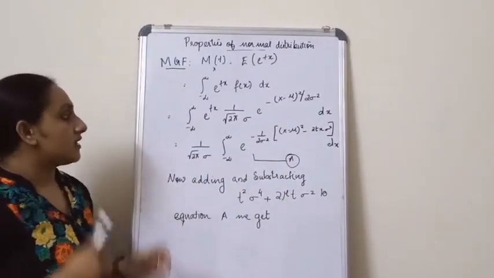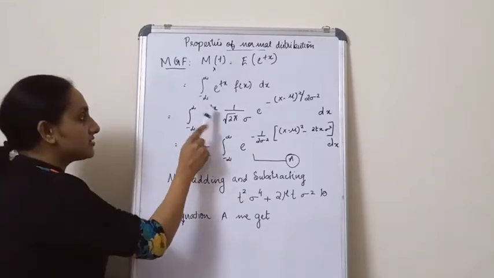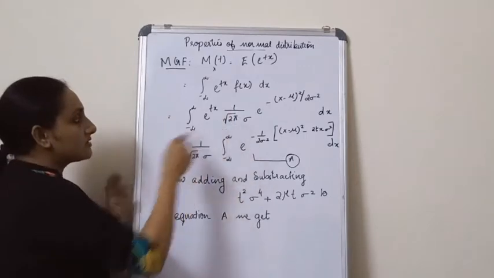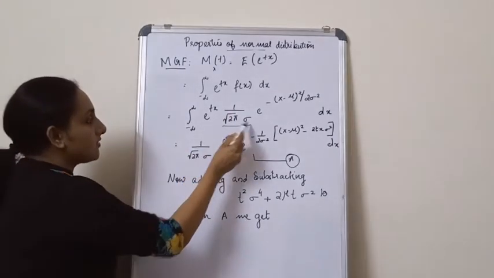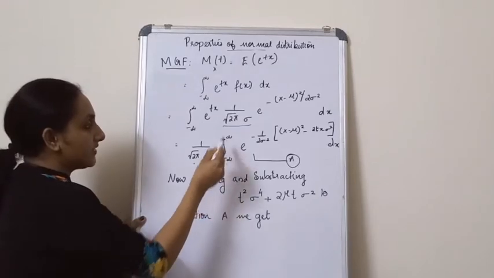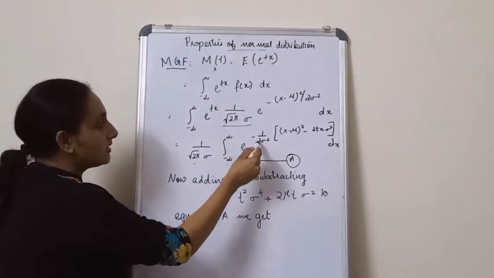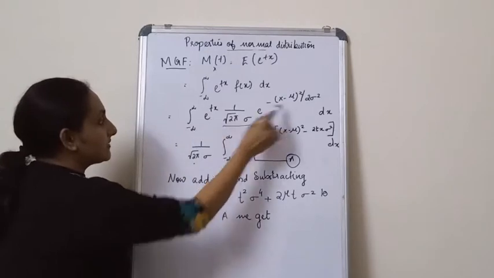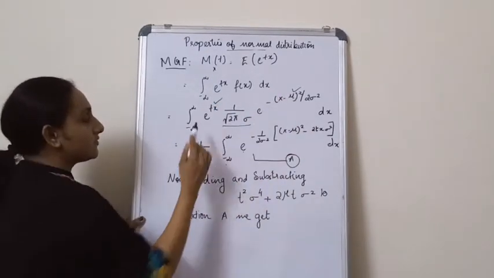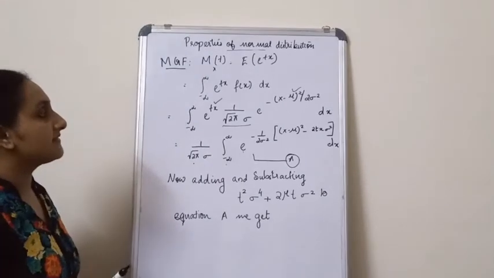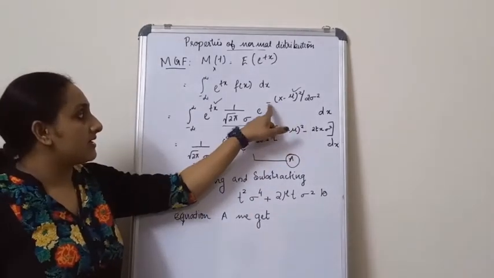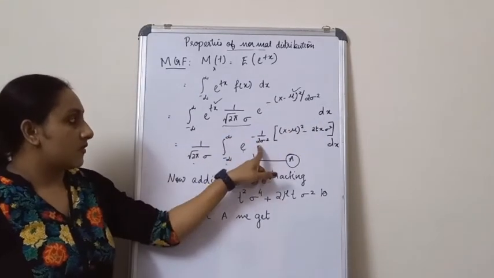This is equal to, now what I am going to do is, I have an e raised to term over here and an e raised to term over here. So again I have a constant here, and I am going to take this constant outside. Then the integral from minus infinity to infinity of e raised to, what I am doing is I am going to club this one and this one. When I do the clubbing, I know that there is a constant term over there also, that is I am going to take minus 1 by 2 sigma square outside.